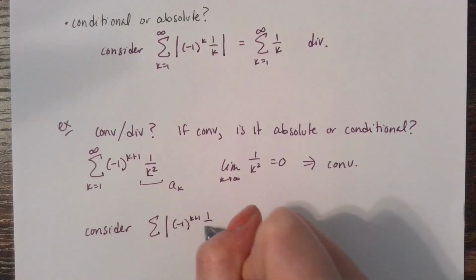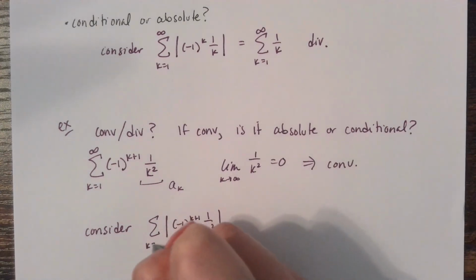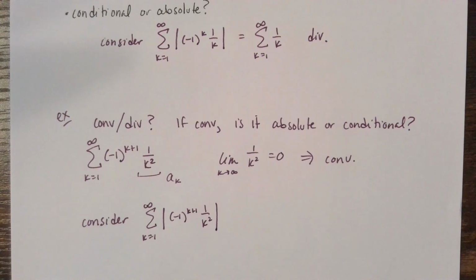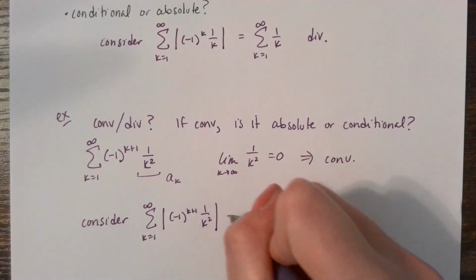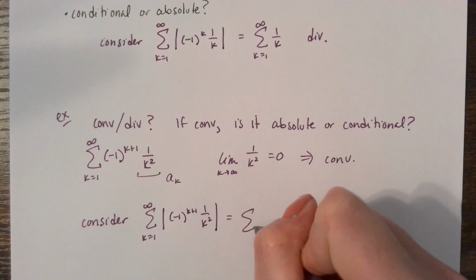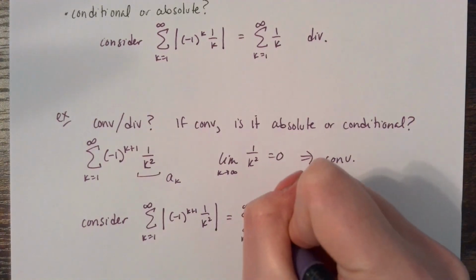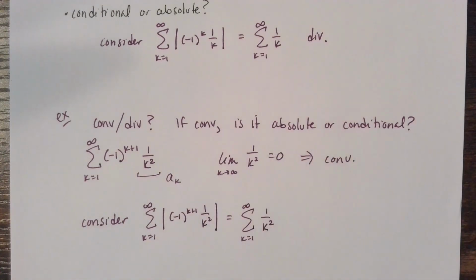Just like the previous example, all the absolute values are doing is essentially making this -1 powers business obsolete, right? Because every time it gets absolute value, it goes positive anyways. So without the powers of -1, this is just the series of 1 over k squared. And this example is especially nice that we can just look at this and answer.